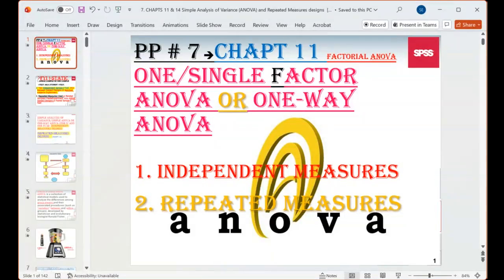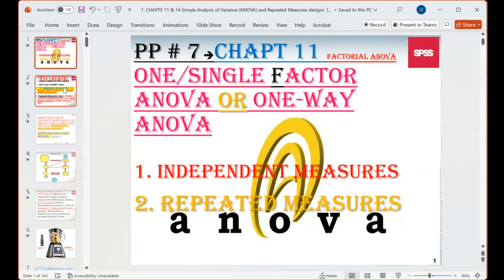That means ANOVA. Again, we're going to stop at independent measure ANOVA. And we're going to continue with the repeated measure and correlation, regression, multiple regression, chi-square, and other test statistics.